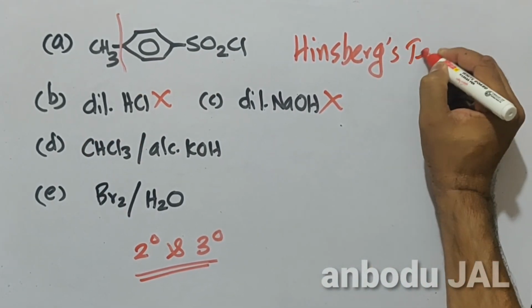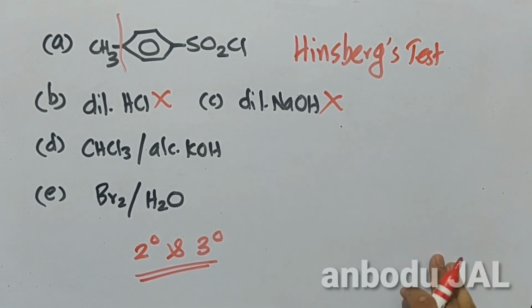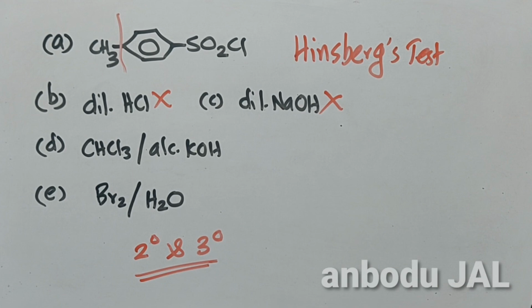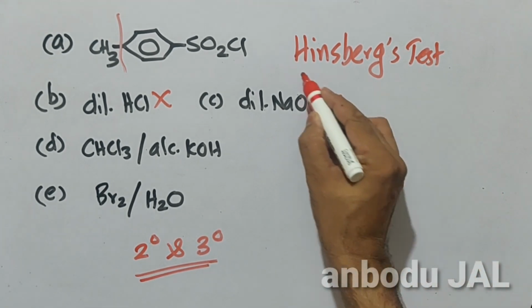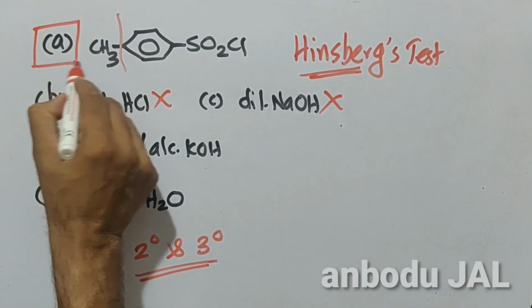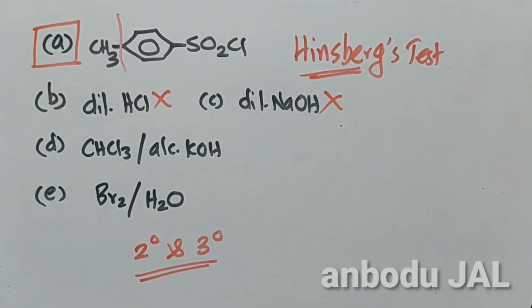Okay? But here para-toluene sulfonyl chloride is given. Both are of the same family. Okay? So this can be used as Hinsberg reagent. A is the correct answer. That is used to distinguish between primary, secondary and tertiary amines.